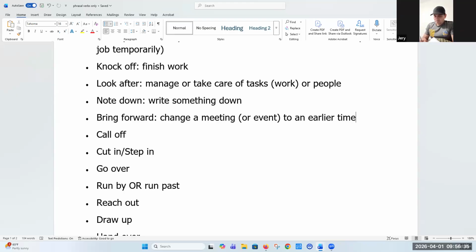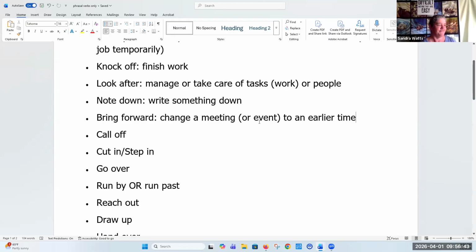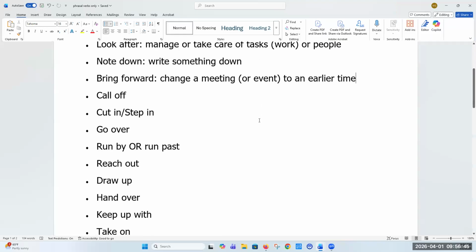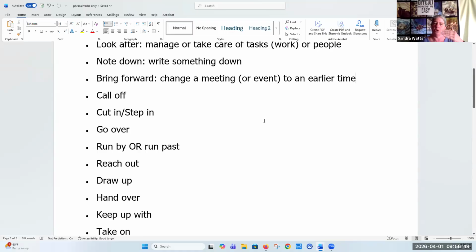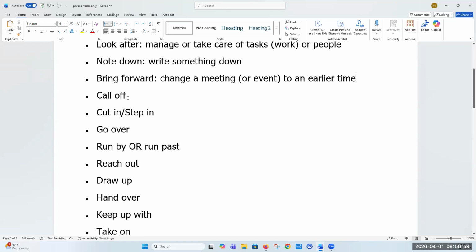We're going to bring it forward to 8. Don't worry, I'm not going to do that. I know it sounds funny because forward you always think of future, and this is actually making it earlier, making it closer to now. So that's the idea of forward.